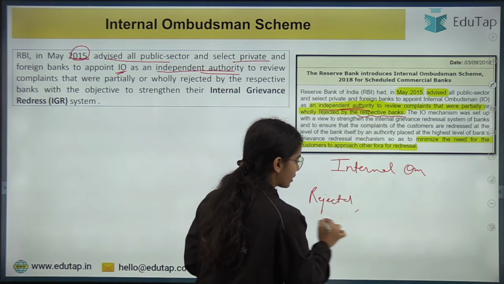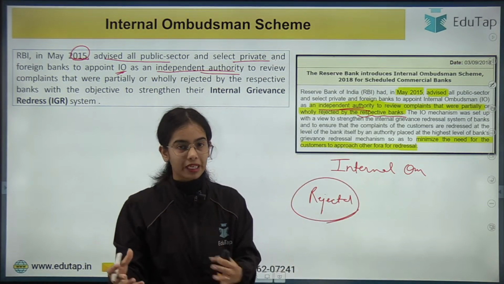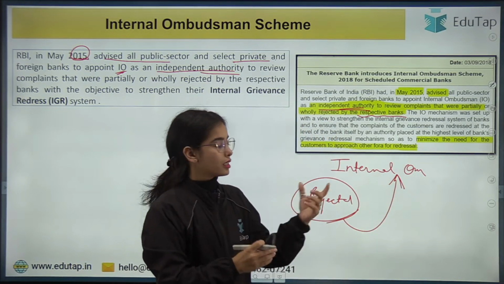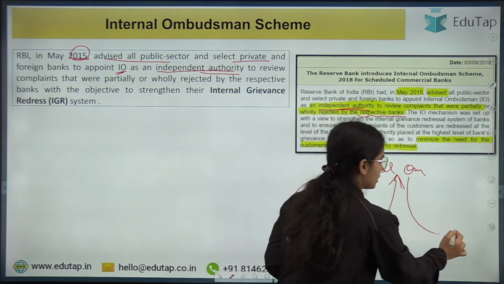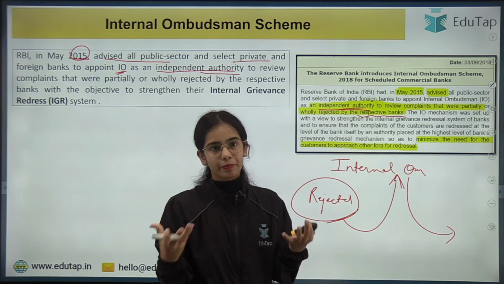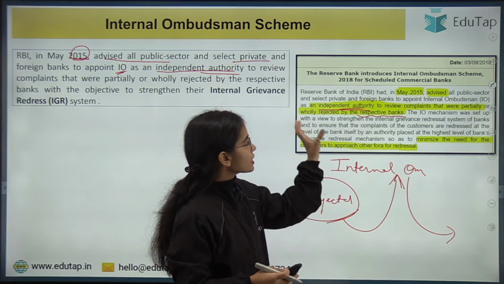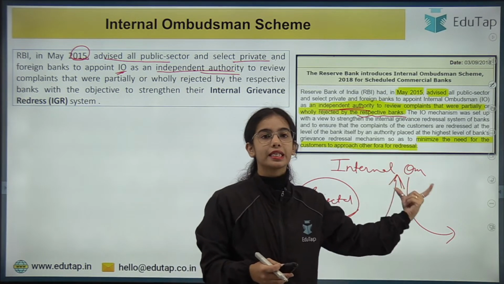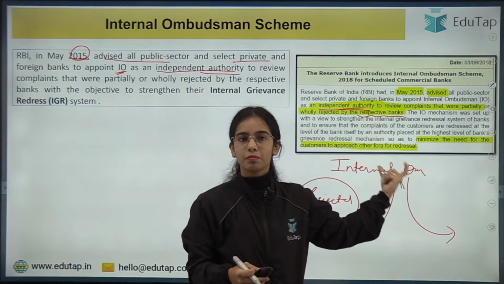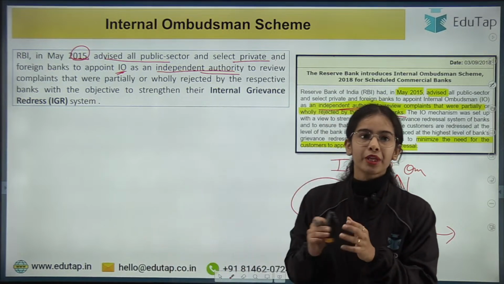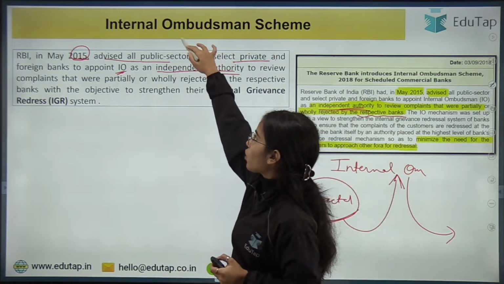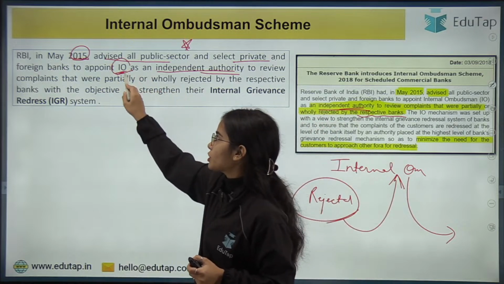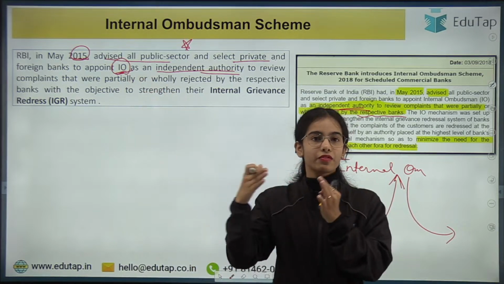The wholly or partially rejected complaints will be reviewed by the internal ombudsman, and if the internal ombudsman says so, the rejected complaints will be taken up again by the bank. So I hope you have got the brief idea that RBI in May 2015 advised all the public sector and select private sector and foreign banks to appoint the internal ombudsman to strengthen the internal grievance mechanism.